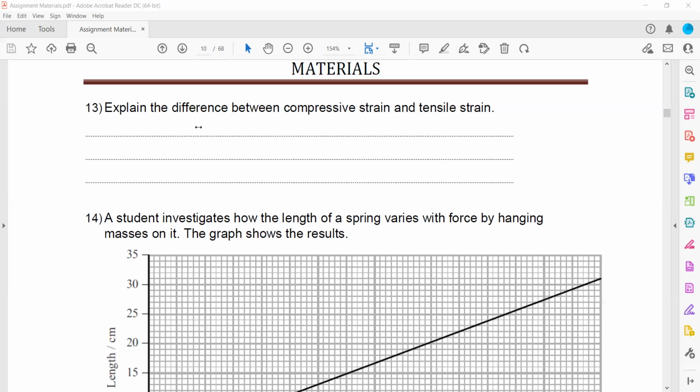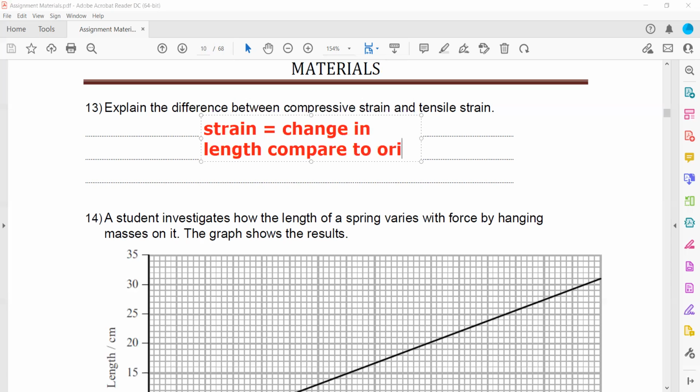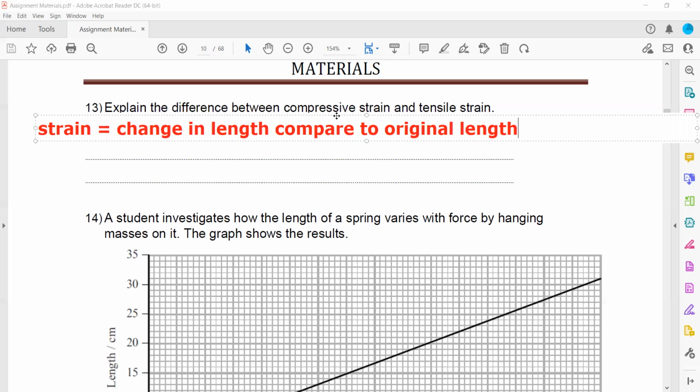The definition of strain is simply a comparison of change in length compared to original length. So how much the length changes compared to original length, that is called strain. And what is compressive strain?